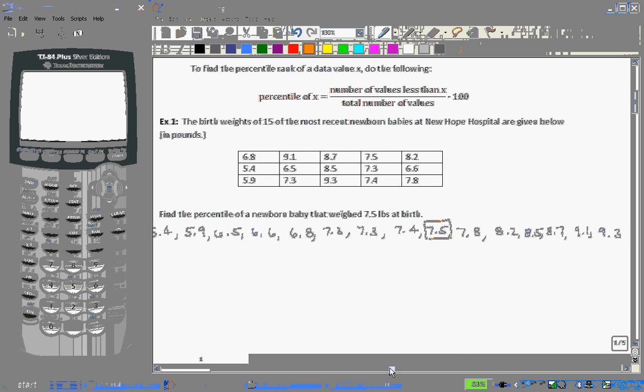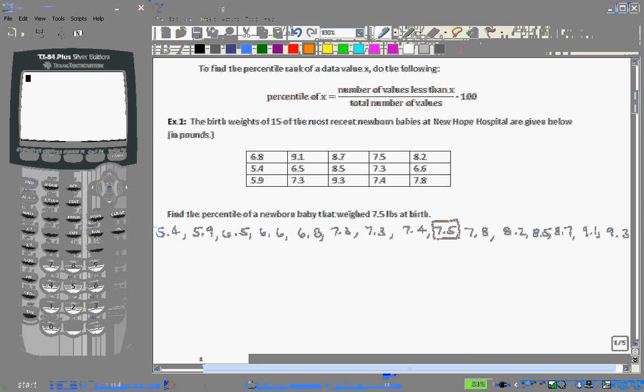less than 7.5. Let's see what we have. 1, 2, 3, 4, 5, 6, 7, 8. So there are 8 values less than 7.5. So now to find the percentile, we take 8 divided by 15 times 100, and that gives us 53.3.